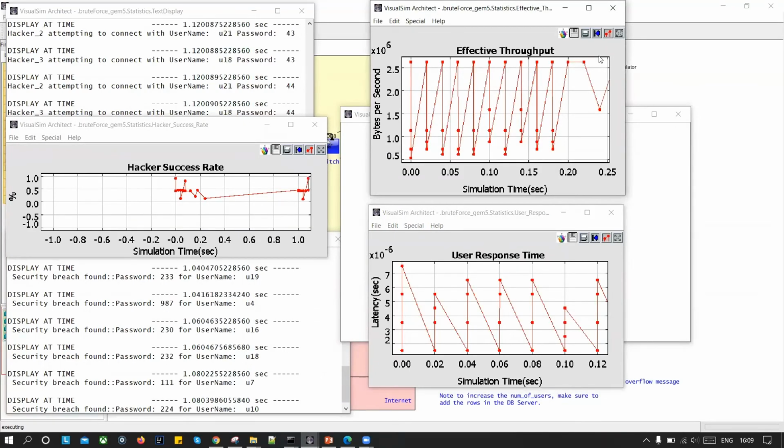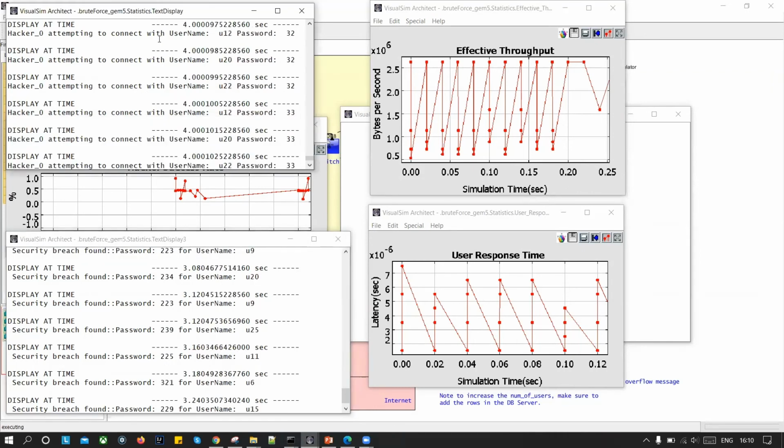So as you can see, when running it in the hack mode, we are also getting the stats on the success rate and how many times the hacker tried to penetrate through the network, and how many times it was successful at fetching the password for a particular user.